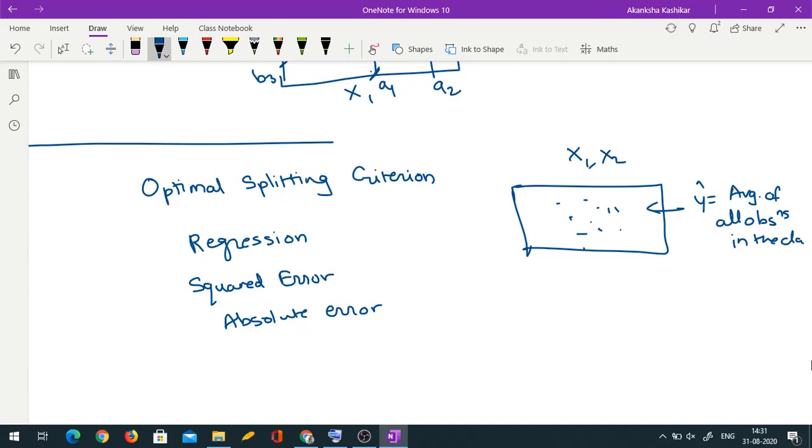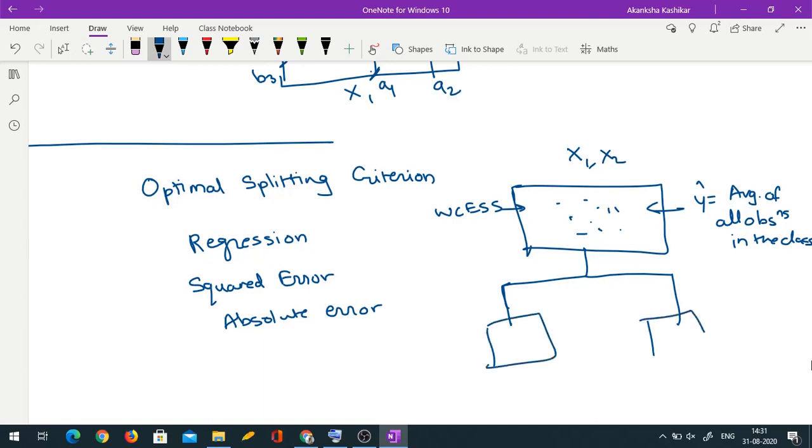So I can compute some sort of within class error sum of squares, that is, within this node error sum of squares. Now what I have to do is split on the basis of some variable.